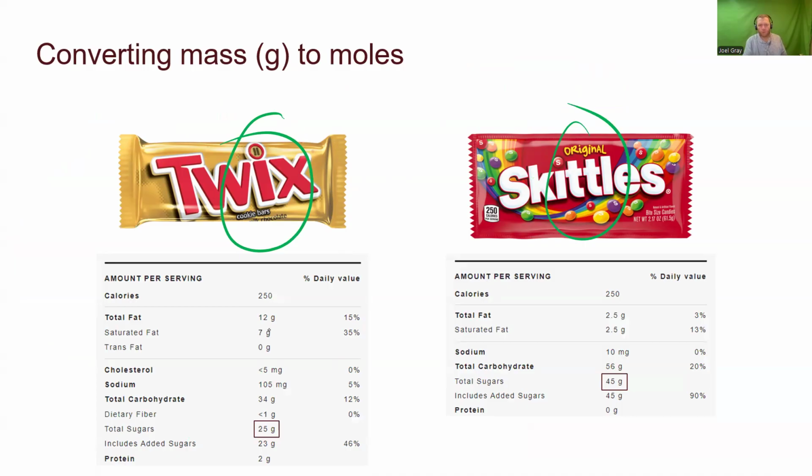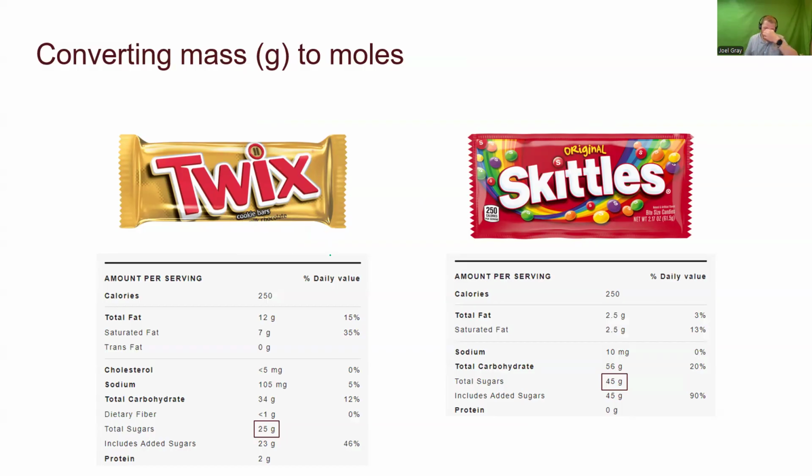Now, looking at these two examples, we got a Twix bar or Skittles. They have 25 grams of sugar and 45 grams of sugar, respectively. Your body kind of doesn't care about the masses. It cares about the number of moles. Chemical reactions relate to and care about numbers of moles.